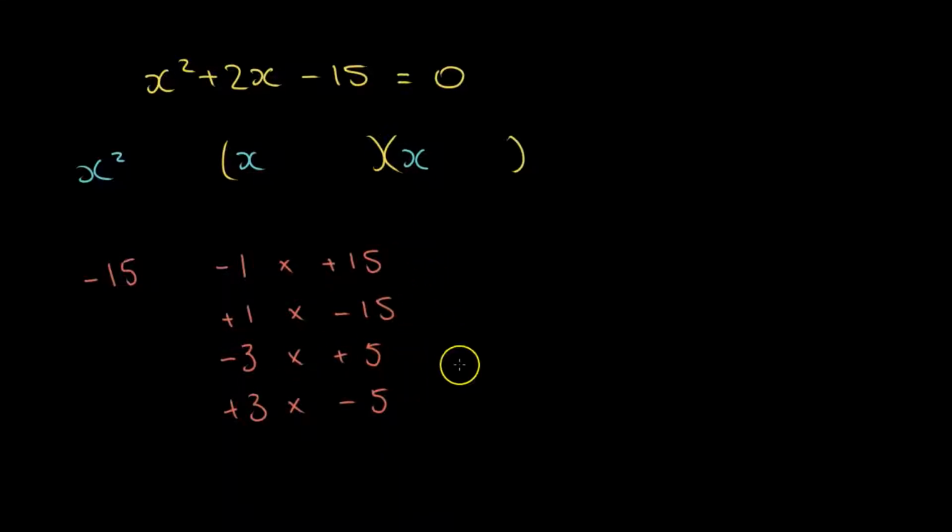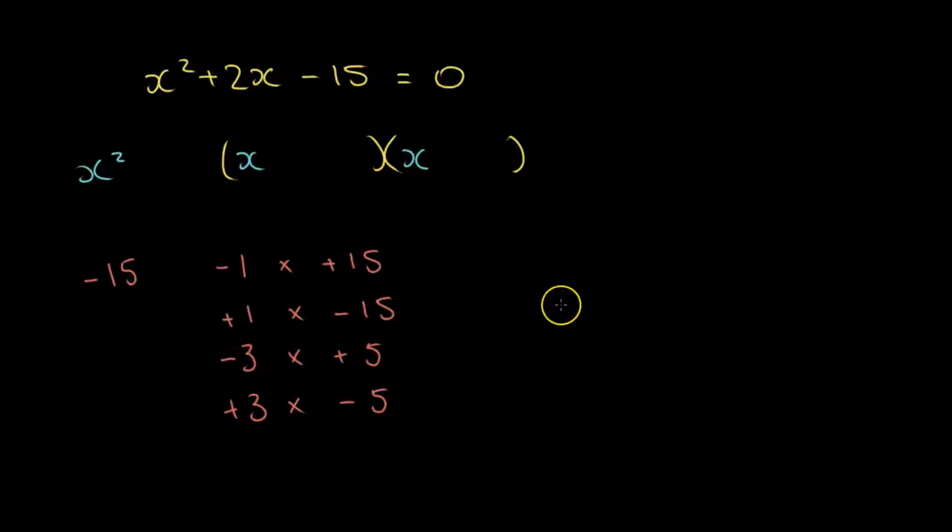I could also have minus 3 times positive 5, or positive 3 times negative 5. These are all different pairs here. So again, we're going to have to try all of these in order to work out which pair works for my 2x. I'm going to let you have a go at putting these pairs of numbers into these brackets and expanding them out. Hopefully you can find which pair is the correct answer.